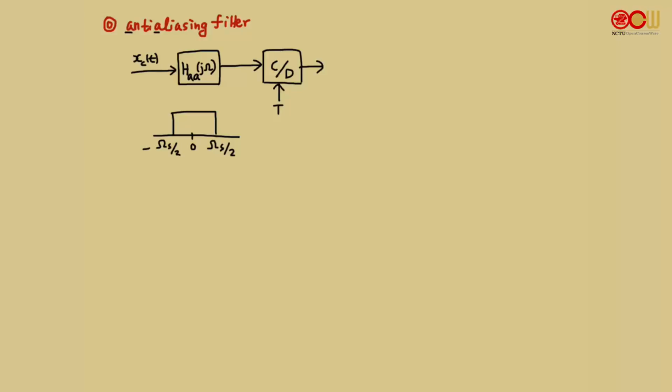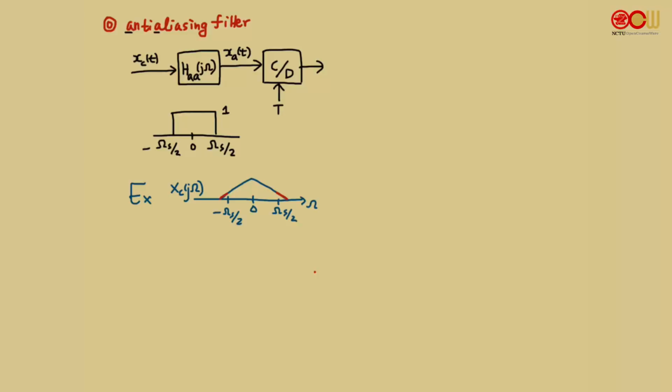With such an anti-aliasing filter, the signal at the output of the anti-aliasing filter will be nicely band limited to omega s over 2, and there will be no aliasing. Suppose this is our xc here, and omega s is given to us, and it has some non-zero frequency component beyond omega s over 2.